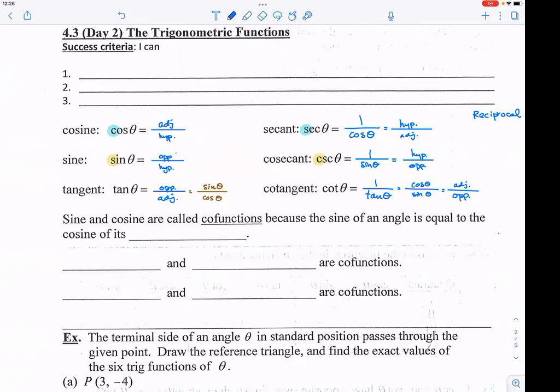Right now, look at your unit circle, quadrant 1. Can you see the coordinate value of 1/2?